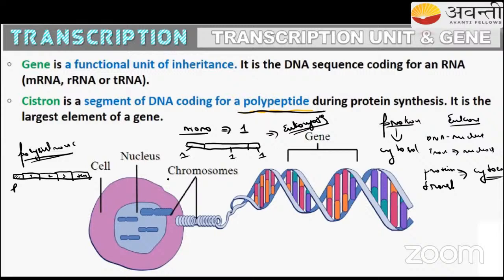Cistron means what, guys? It is coding for the polypeptide, right? See here, in the monocistronic, it is coding for a single peptide, right? So that is monocistronic. But what happens in the polycistronic? It has the 1, 2, 3. Right, guys? So that's why we call it polycistronic. Polycistronic is present only in the prokaryotes. Always remember, guys, prokaryotic mRNA is polycistronic, whereas the eukaryotic DNA is monocistronic. Okay, guys?